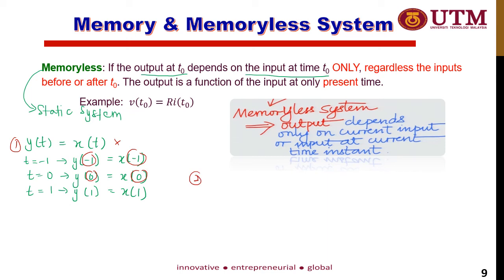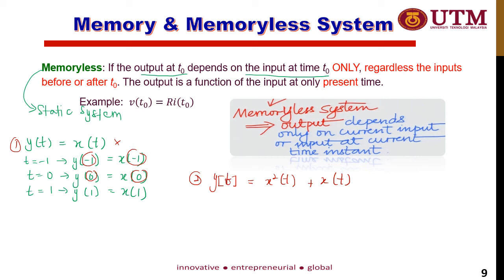Second example on memoryless system. y(t) equals x squared (t) plus x(t). Sorry, this is y(t).